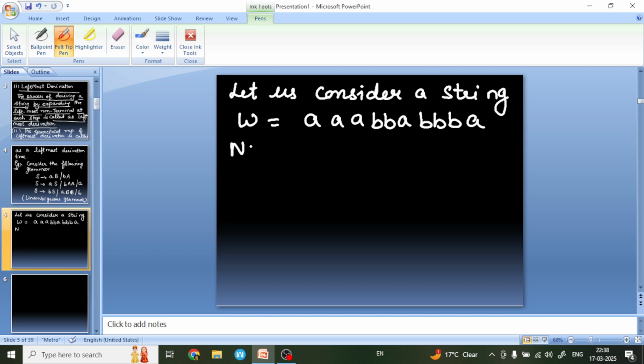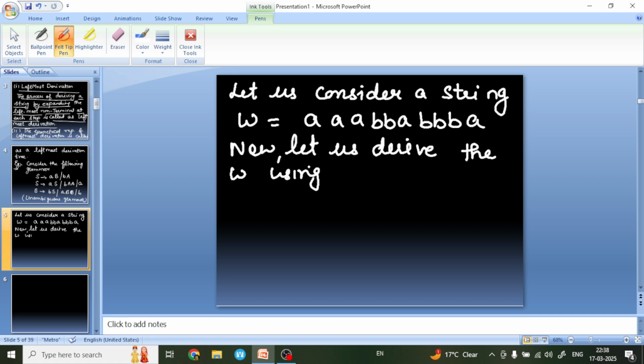Now let us derive the string W using leftmost derivation.